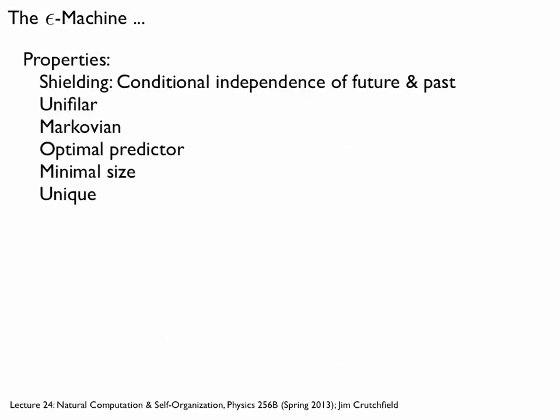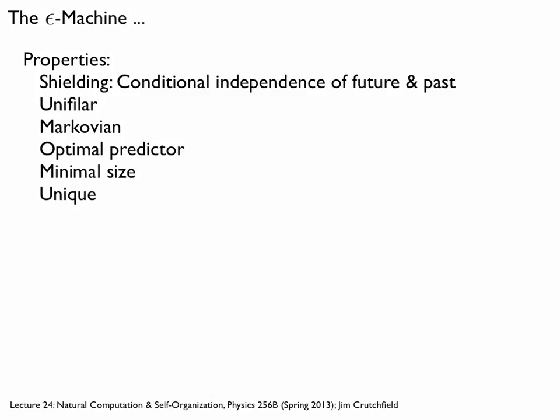But really the main goal is to establish a number of properties, at the end of which you're supposed to go, I see why we should do this, as opposed to all my hand-wavy motivations before. So we're going to talk about causal shielding, how the causal states actually render the observed past and future conditionally independent.